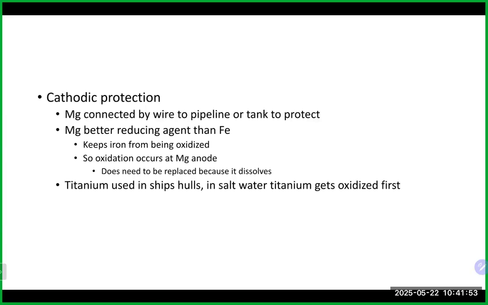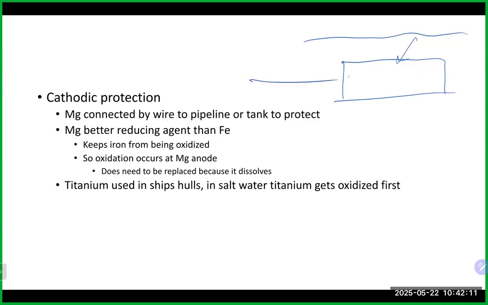Cathodic protection is another way you could prevent corrosion. For example, if you take magnesium connected by a wire to a pipeline or a tank, if you buried it underground, there's a lot of moisture, and that's going to cause corrosion. But what happens when you hook up that magnesium is it's a better reducing agent. And if you're a good reducing agent, that means you get oxidized.